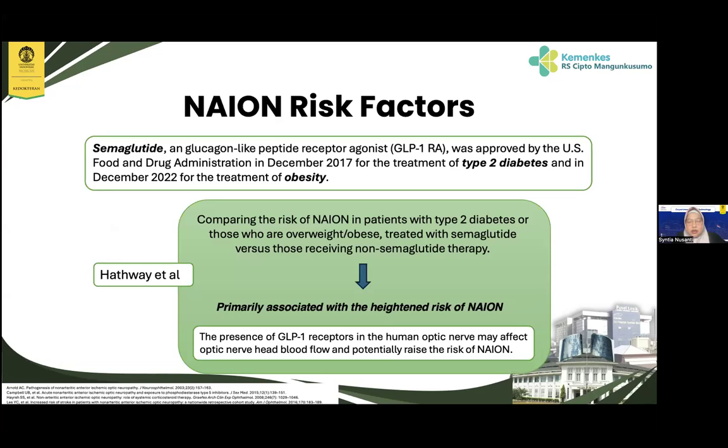This study compared the risk of NAION in patients with type 2 diabetes or those who are overweight treated with semaglutide versus those receiving non-semaglutide. So semaglutide was primarily associated with a higher risk of NAION.